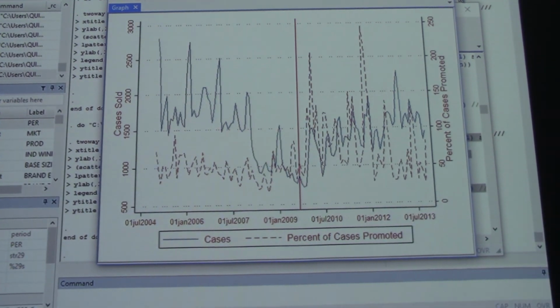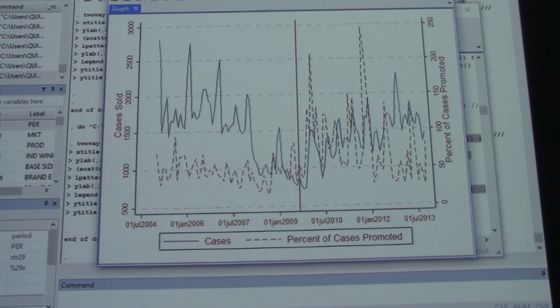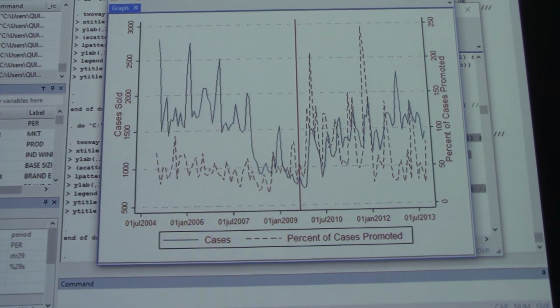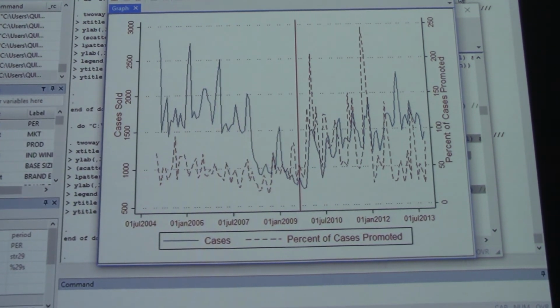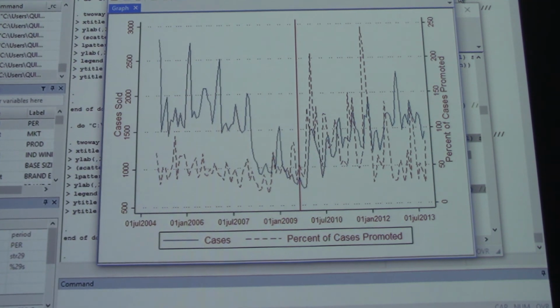Promotion's expensive. It costs money to run a lot of these promotions. It looks like they were aggressively promoting to get out of the recession, and then they weaned themselves off promoted sales back to the pre-recession, or I should say the pre-social media hiring, period.